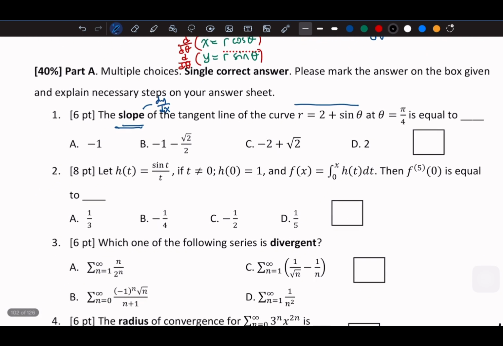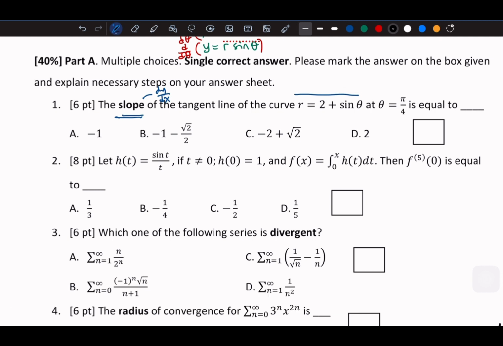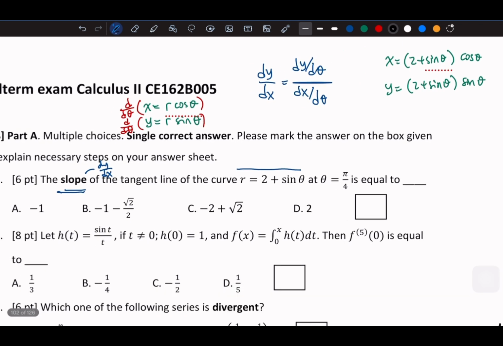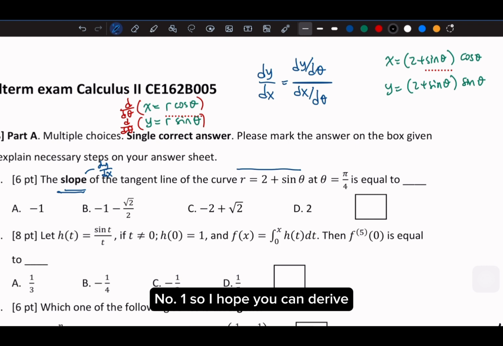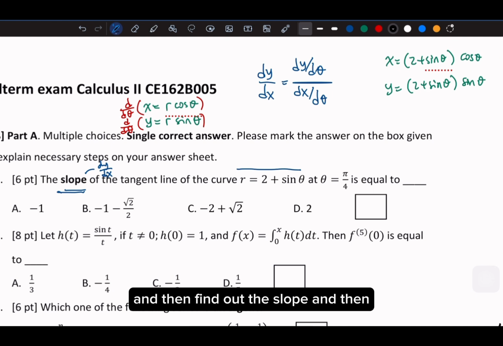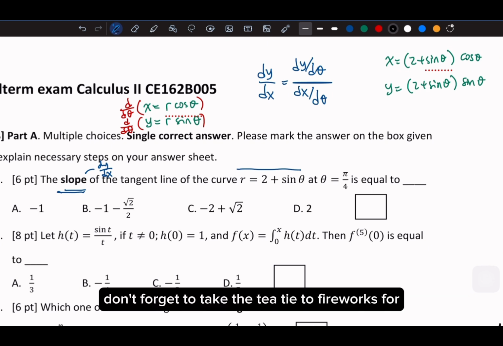So that's number one. Number two. Oh, which? Okay, this one? Okay, that's for number one. So I hope you can derive and then find out the slope. And then don't forget to take theta equal pi over 4.